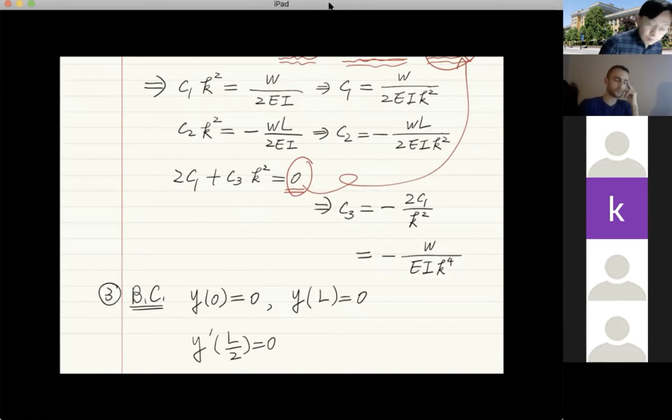Now, of course, some of you may wonder, Professor, should I continue using the force boundary condition? Because so far we only use displacement boundary conditions, right? The zeroth order and the first order are displacement boundary conditions. Should we use force boundary conditions? Well, it depends on the number of unknowns you have. If you use a fourth order differential equation approach, then you have to continue exploring the force boundary conditions.